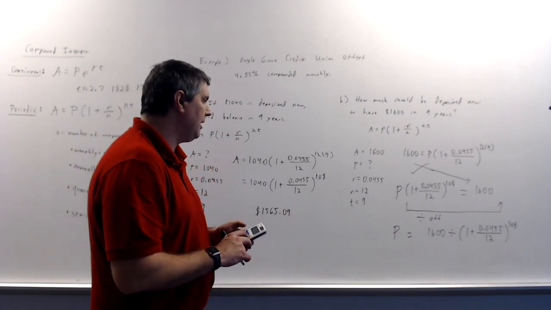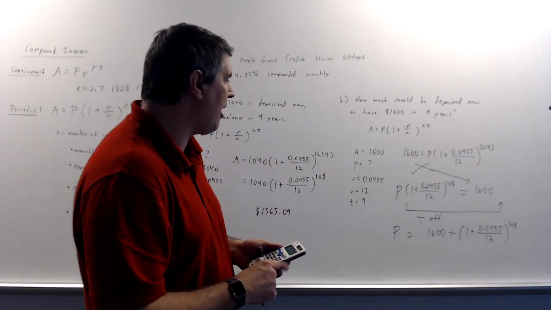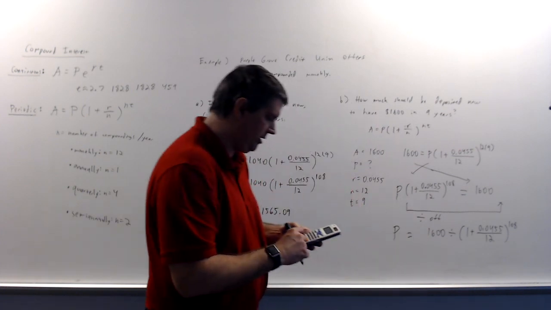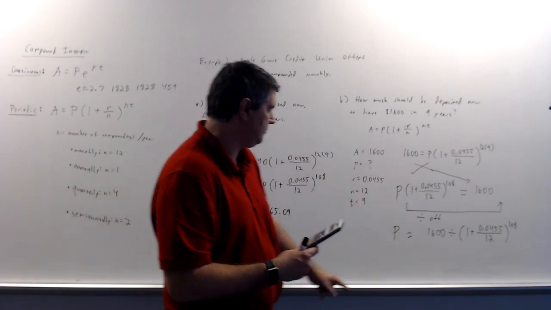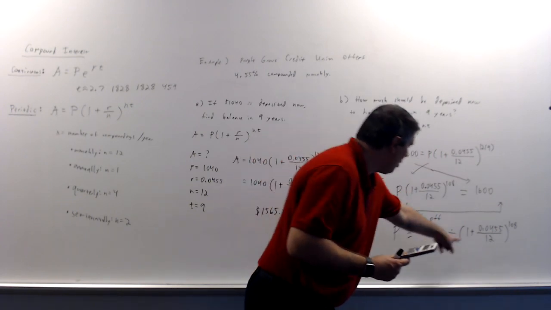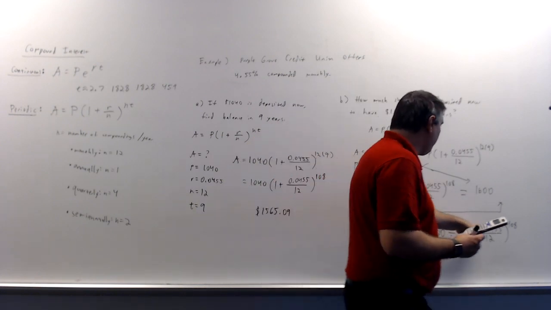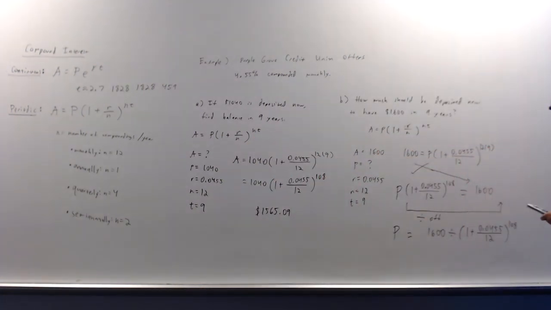But for those of you who are using a good calculator, this is not a problem. Just type in the 1,600 division, parenthesis. Very important that you include that parenthesis. 1 plus 0.0455 division 12. Balance the parenthesis, your generic exponent button, 108.